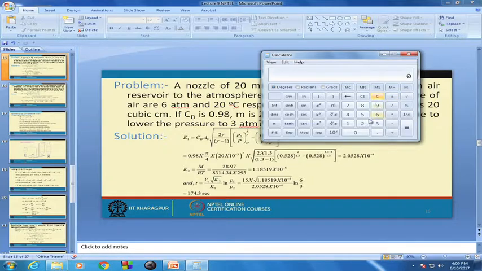Actually we are not so much used. 1.713 into 10 to the power 6 plus minus this, right, into 2 of ln of 2 is this, so into this is 1.1873 10 to the minus 6. Somewhere we have done something perhaps wrong.